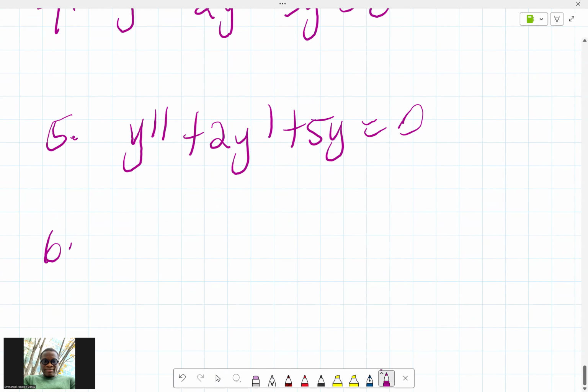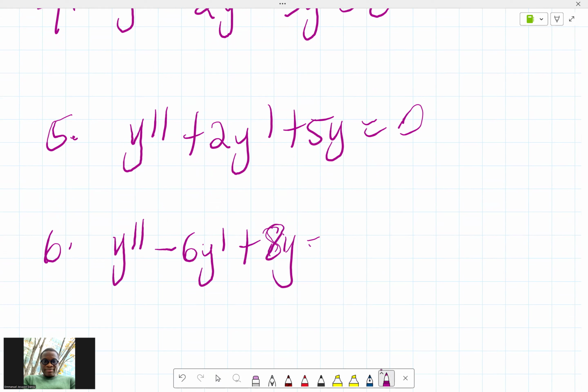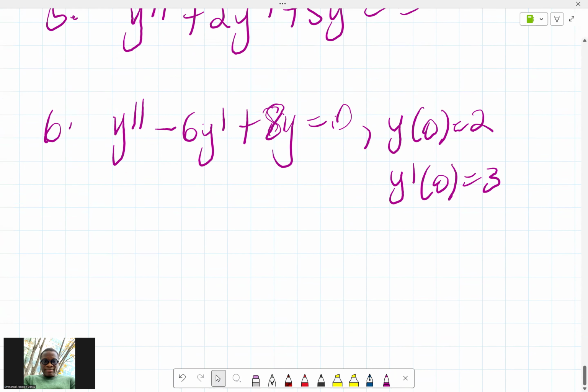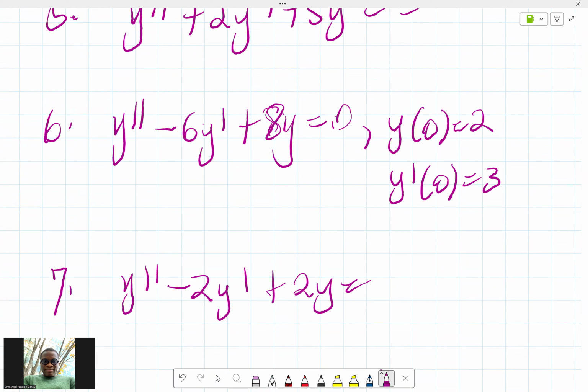Then, of course, we have some involving initial conditions. 6, y prime prime minus 6y prime plus 8y equals 0. So you now have y of 0 equals 2, and then y prime of 0 equals 3. So it means you can apply this to get rid of the constants C1 and C2. Then another one in that line would be 7, where you have y prime prime minus 2y prime plus 2y equals 0.